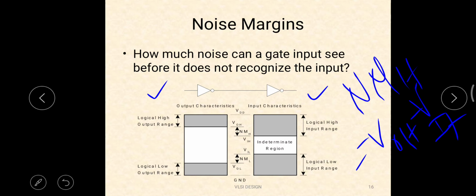Once again, the noise margin should always be high, which means that in industry they try to reduce this indeterminate region. How far we reduce this indeterminate region gives better output for the circuits.